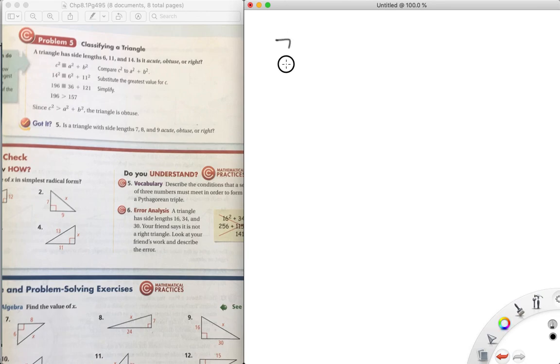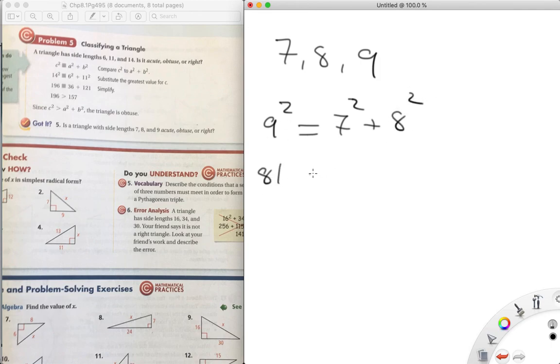We have 7, 8, and 9. So 9 is my largest side, so it's going to be 9 squared, and we'll see if it's less than, greater than, or equal to. I'm just going to put equal there as a placeholder. 7 squared plus 8 squared. 9 squared is 81. 7 squared is 49.